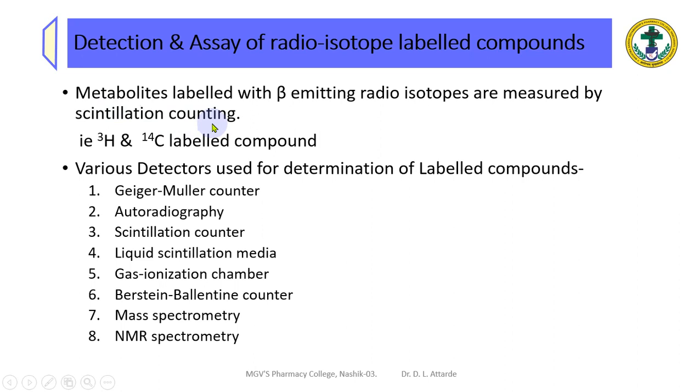Scintillation, the proper word, is the flashing of light which comes out from those compounds. This especially occurs for the tritium and C14 labeled compounds. So various detectors can be used for labeled compound determination, like Geiger-Müller counter, autoradiography, scintillation counter, liquid scintillation media, gas ionization chamber, Bernstein-Valentine counter, mass spectrometry, NMR spectrometry.